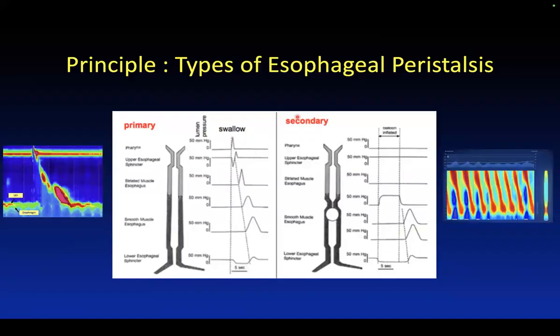Okay. So primary peristalsis is what we see on a manometry. Correct. So when somebody has taken a bolus of liquid, what happens to the esophageal peristalsis is what we see. Whereas in an EndoFLIP, there is no swallowing that we ask the patient to do. We in fact inflate a special balloon at the bottom, and that initiates a secondary peristaltic wave.